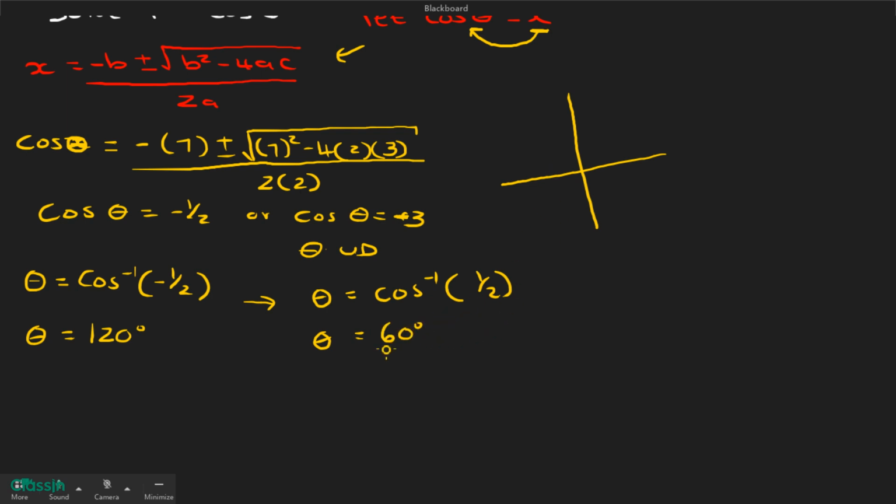Then the value of theta is equal to 60 degrees. Now, 60 degrees is in the first quadrant, and we also have the second, third, and fourth quadrants. If we have 60 here, in the second quadrant we also need to draw the same angle.